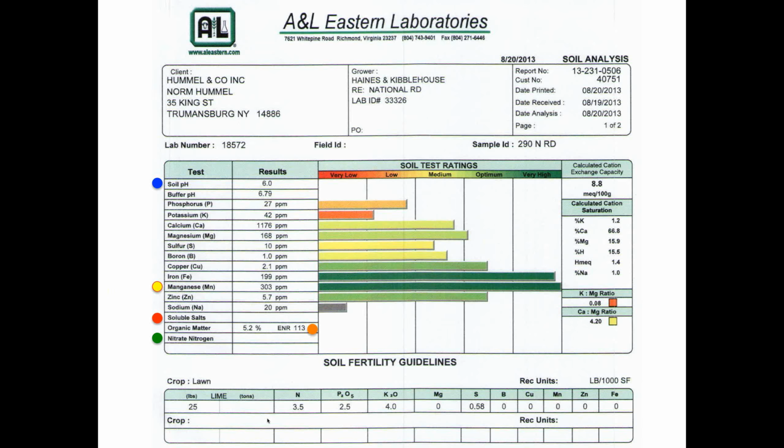The soil testing labs that I talk to say they put that test in there just to keep their customers satisfied because they asked for it, but they know it doesn't mean anything. The more critical number is this one by the orange box, which is the ENR. It's the estimated nitrogen release, which is a formula that comes off the organic matter.